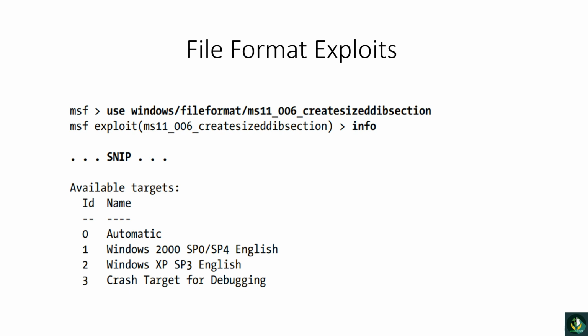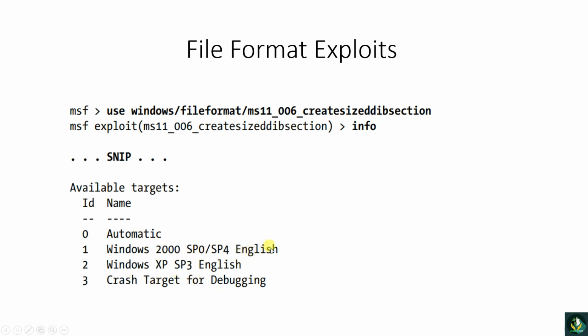Within Metasploit, perform a search for MS11_006, and our first step is to get into our exploit through msfconsole and type just info to see what options are available.